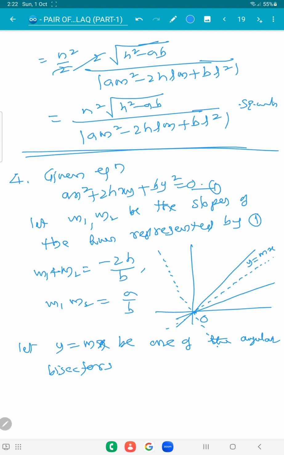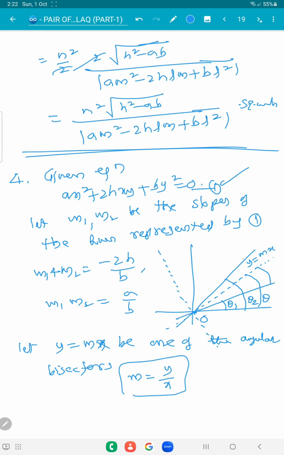Y is equal to mx means that we can write m is equal to y by x. If anything is needed, we can use that. Observe that the most important thing here is that let theta 1 be the inclination of the first line. The line is represented by this one. Theta 2 be the inclination of the second one. Theta be the inclination of the bisector.